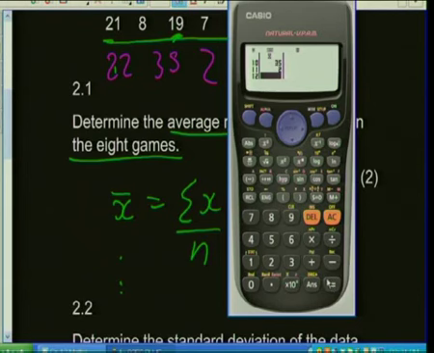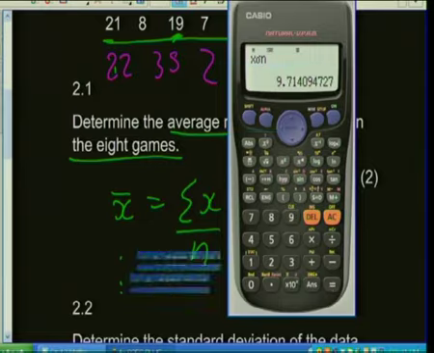Same procedure, you enter your data, then you press AC, then I recall the data, shift 1, then option 4. Then I want the standard deviation, option 3, which is equals to, and the standard deviation is 9.7 now.